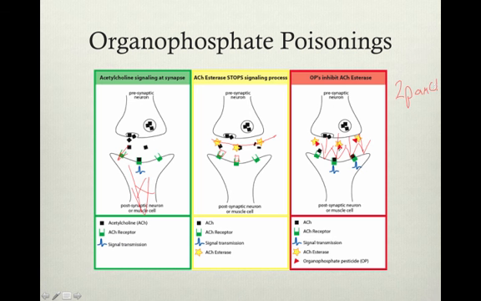What 2-PAM chloride does is it liberates acetylcholinesterase from organophosphate poisoning. So then we have all of our acetylcholinesterase again in this area, and we don't over-signal.